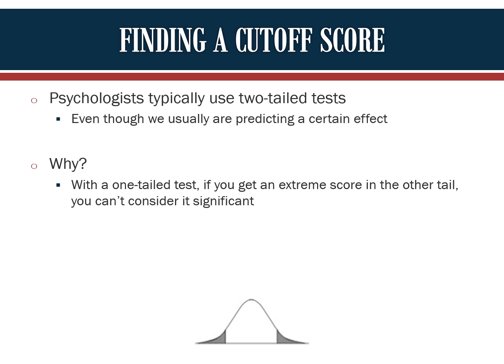So if I did that chocolate example and I did a one-tailed test, I said, okay, chocolate's probably going to increase happiness, and I put my whole 5% probability, my whole region of rejection in the upper tail. If then I do that research, I give chocolate to my sample and I record their happiness, if then my sample's happiness is incredibly low, way, way lower than the population, even if it's outrageously far in the left-hand tail or lower tail, I can't consider it significant because I don't have a region of rejection in the lower tail.